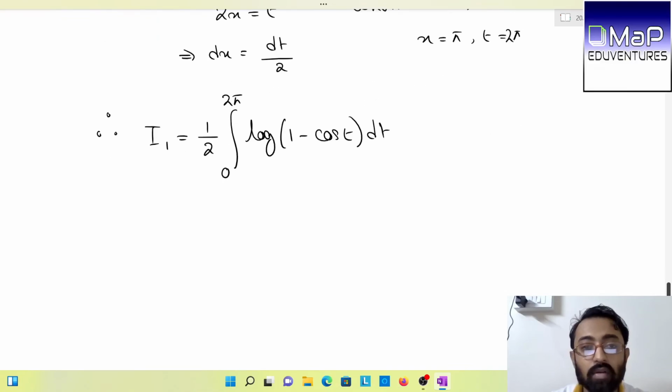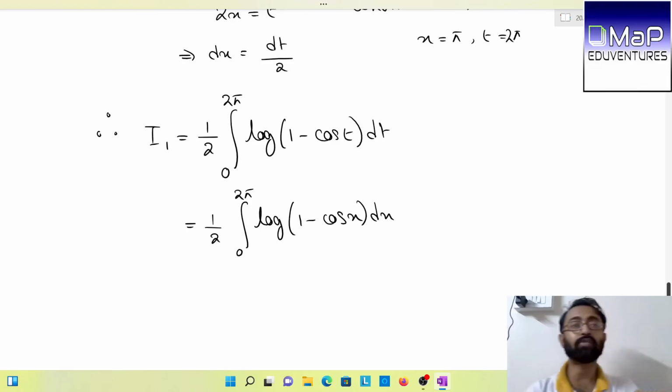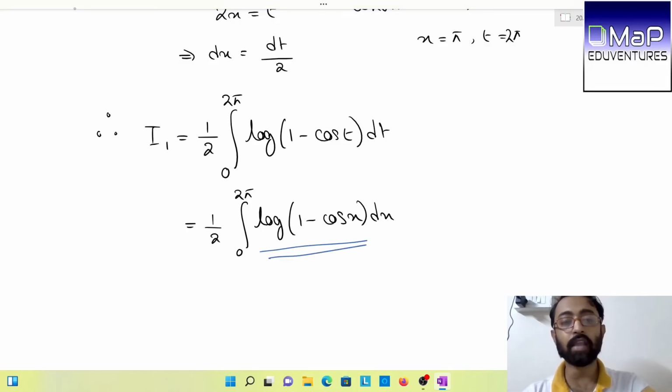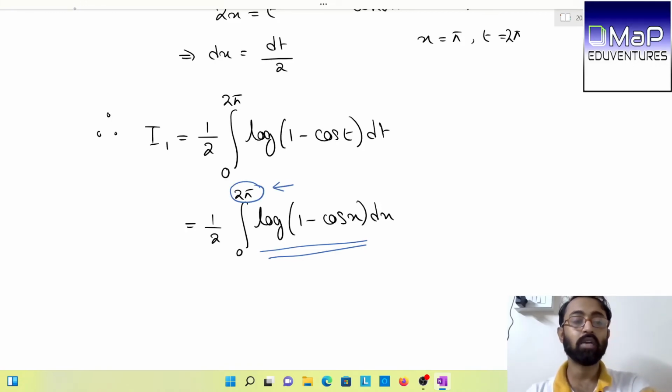Okay, now let us change from t to x. We have a property, so we can change the variable from t to x. Okay, all right, so now if we observe, we have exactly the same form, but now a problem arises with twice pi because we need pi, not twice pi.